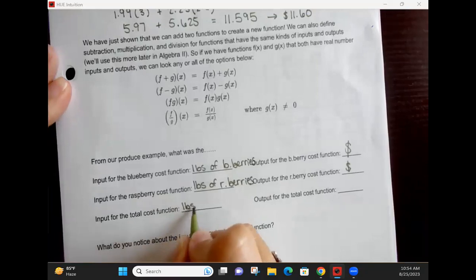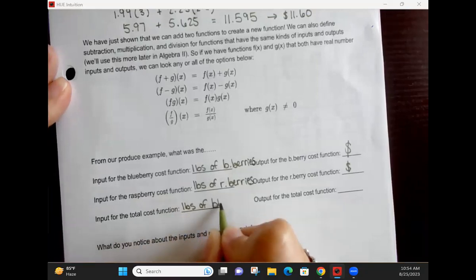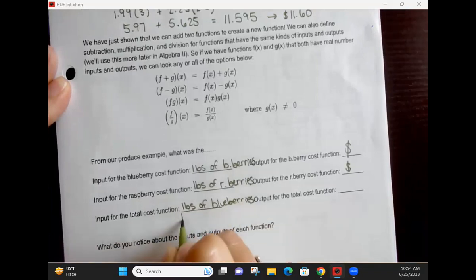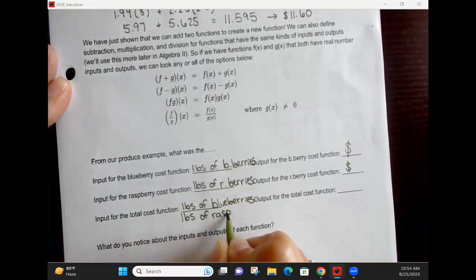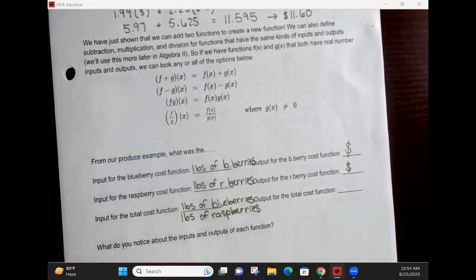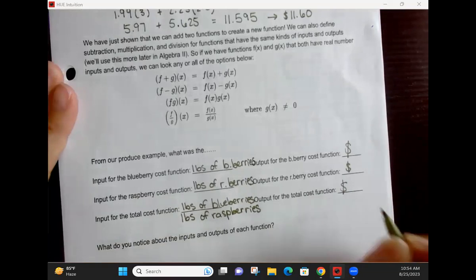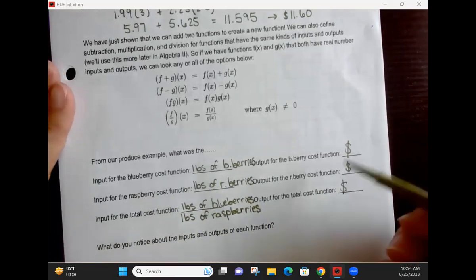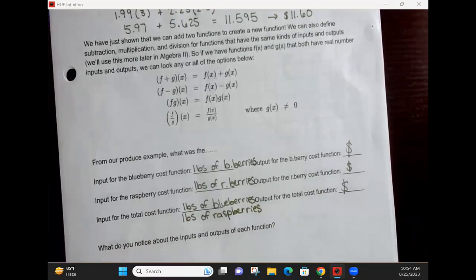So pounds of blueberries and pounds of raspberries. And then I got out price again, right? The cost. So our inputs were all the same type of thing. Our outputs were all the same type of thing there.